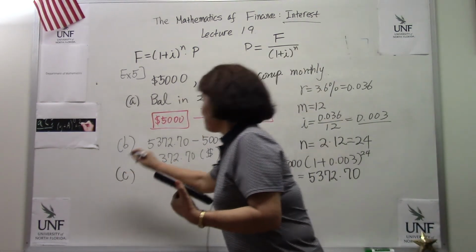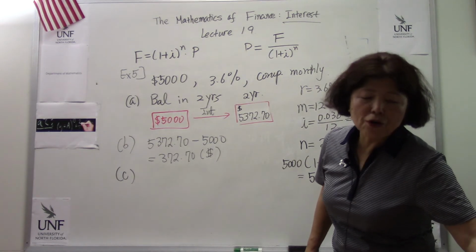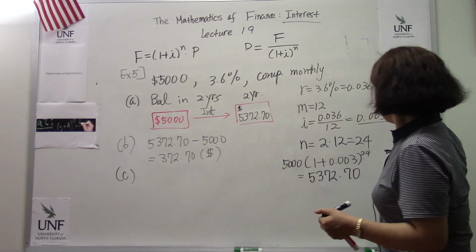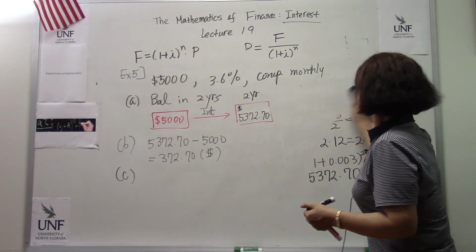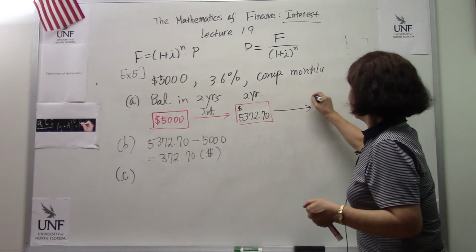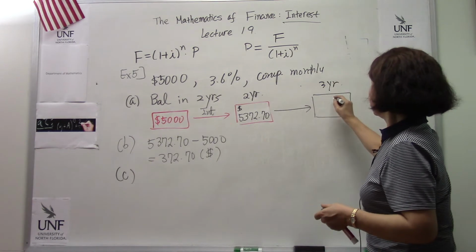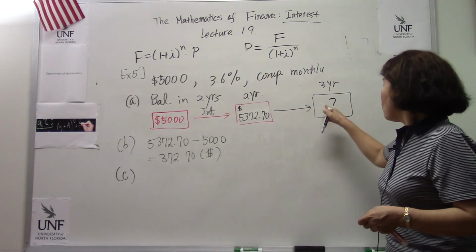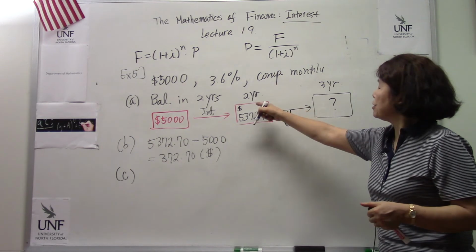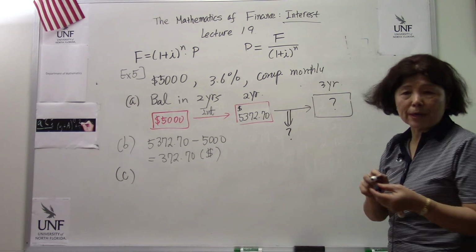Now you are going to compute the interest earned during the third year. So what are we going to do? Whatever you get, the difference between the year 2 and year 3 balance, is the interest you earned.